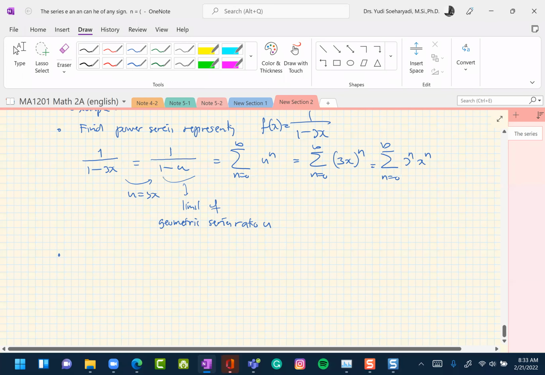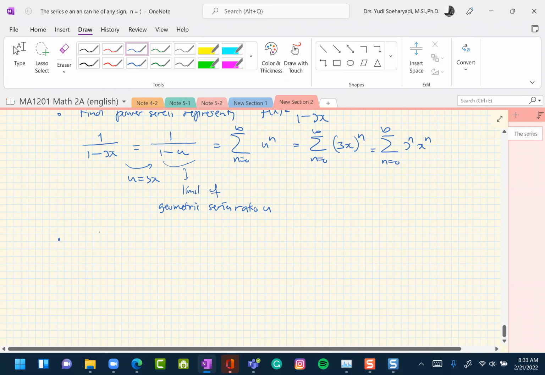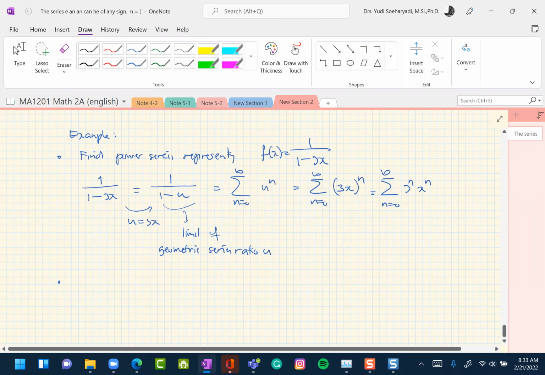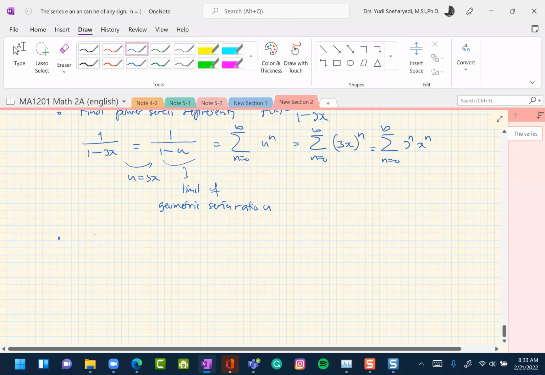Another thing. Well, what about this one? F of x equals x squared times 1 over 1 minus 3x.